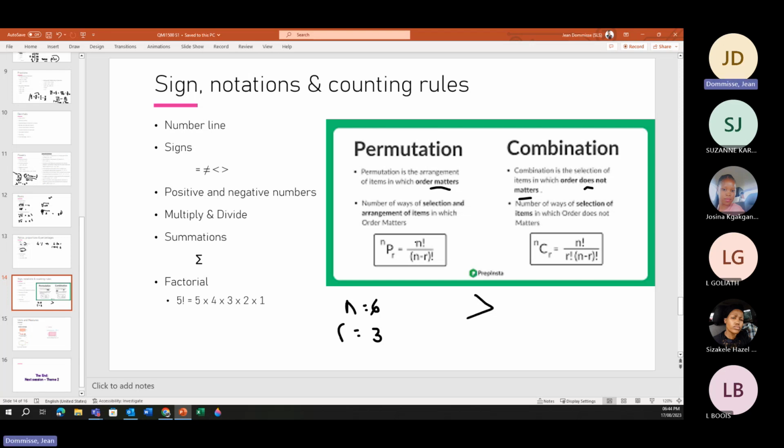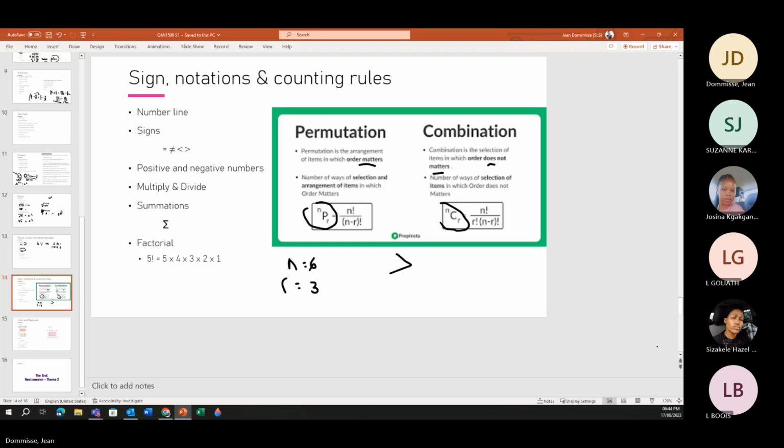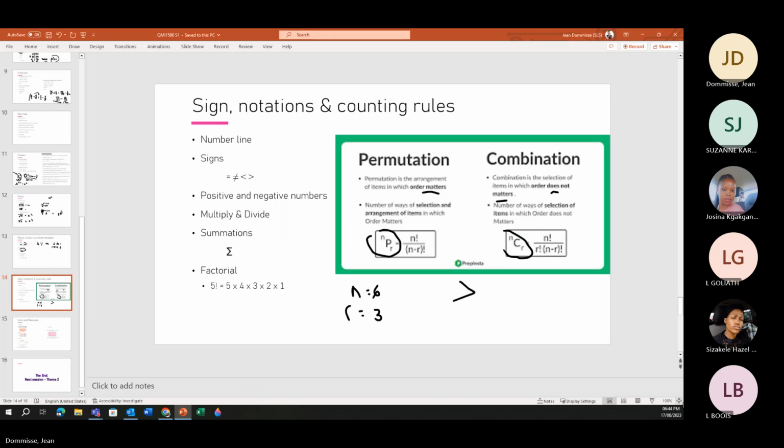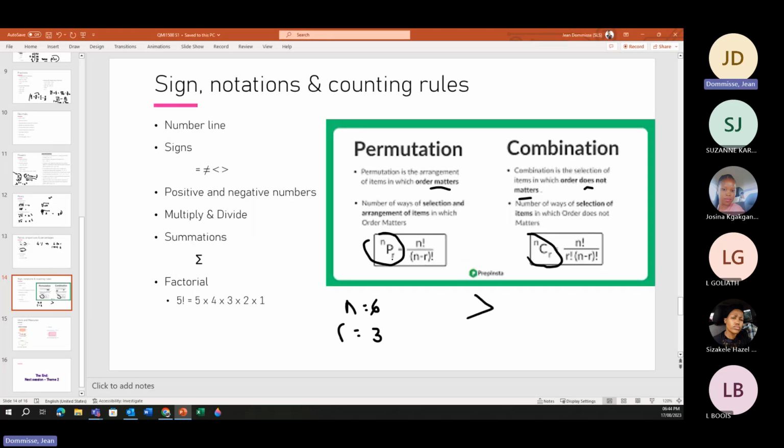You can use your calculators. Most calculators have a permutation and a combination function; there is one on one of the dials on your calculator.